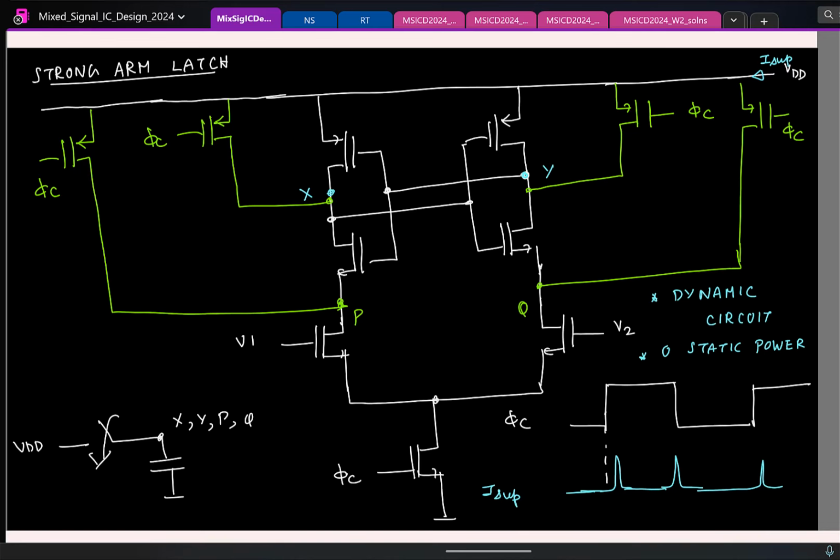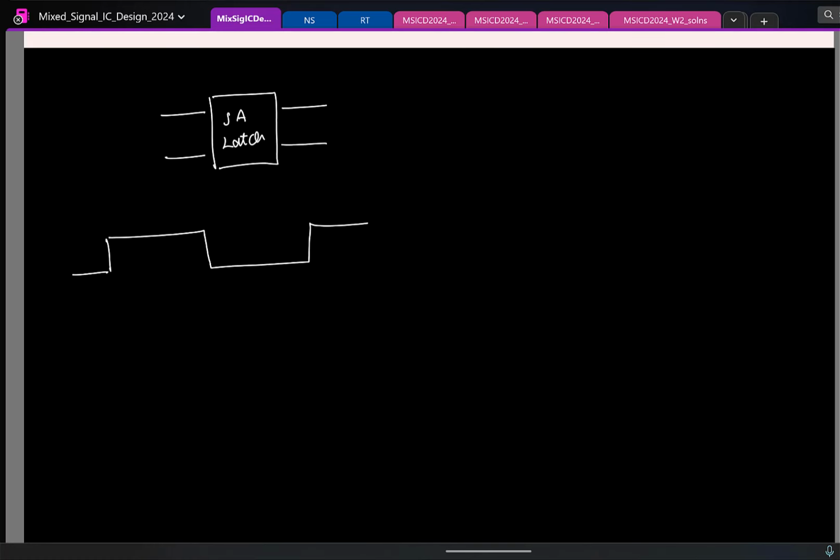So one last point, and then we'll wrap. Let's say now I have the StrongARM latch. These are the outputs. And if I draw the clock phase here, this is when phi C is 0, and this is when phi C is 1. When the clock phi C is 0, what can you say about the outputs?